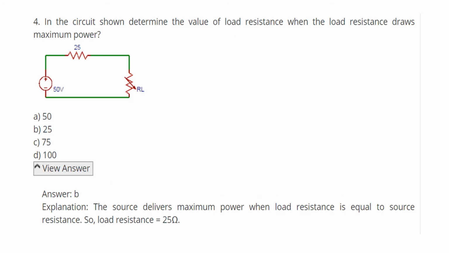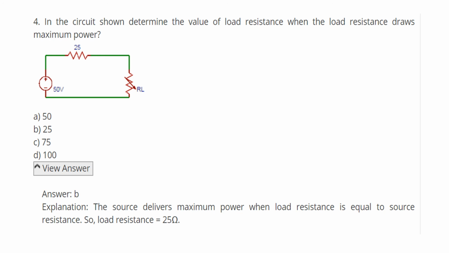Next question. In the circuit shown, determine the value of load resistance when the load resistance draws maximum power. This is the circuit. The voltage source is 50 volts, resistance is 25. We have to find out the load resistance for which the power transfer is maximum.